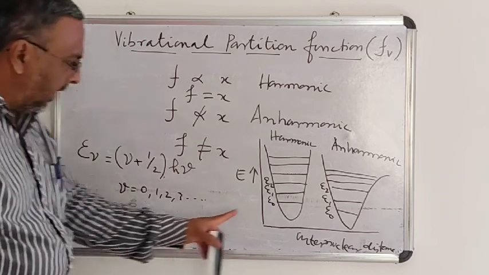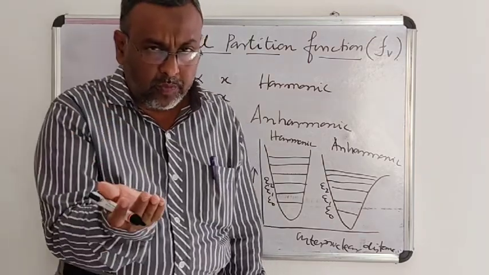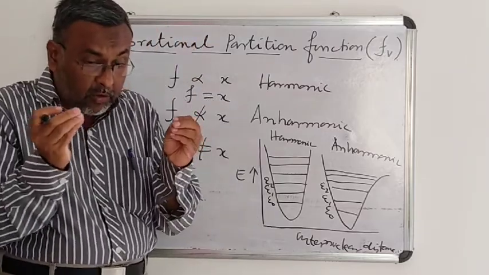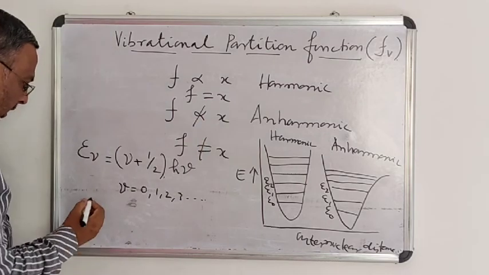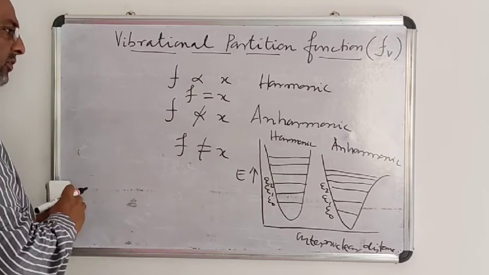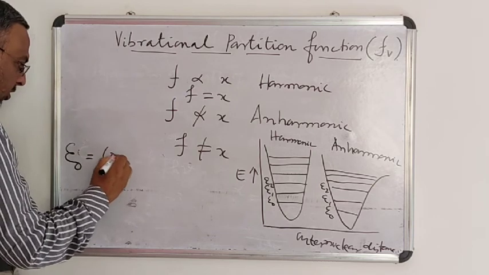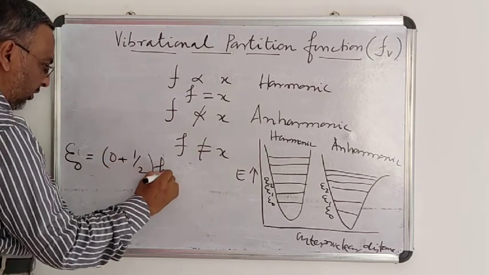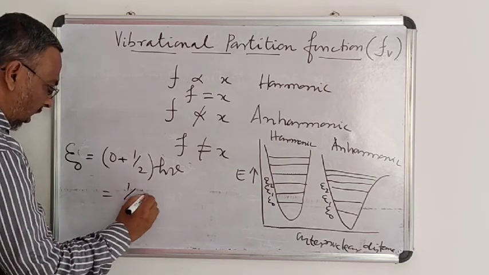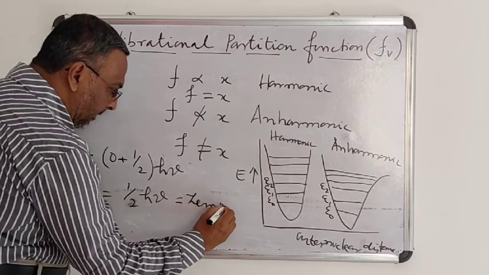Most of the molecules occupy the ground state, and even in the ground state they have some amount of energy. The energy of the zeroth vibrational level is given as (0 plus half) into h nu, because v is equal to 0. This is equal to half h nu, and this is called the zero point energy.